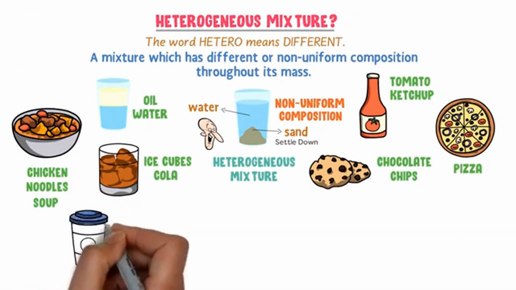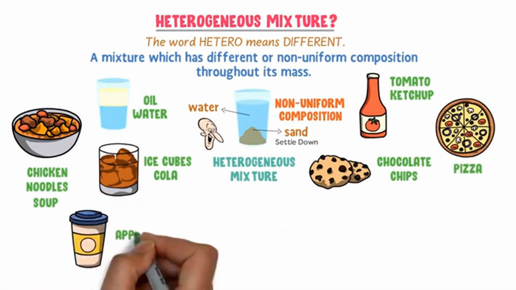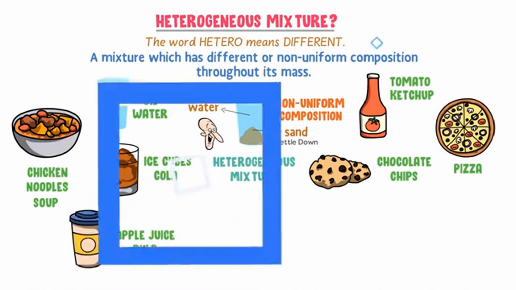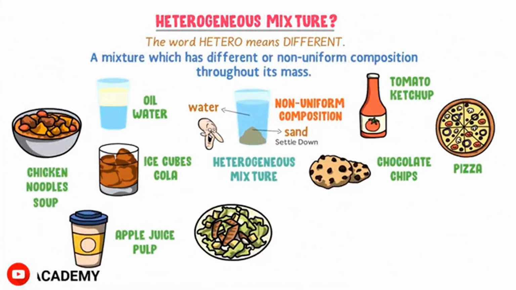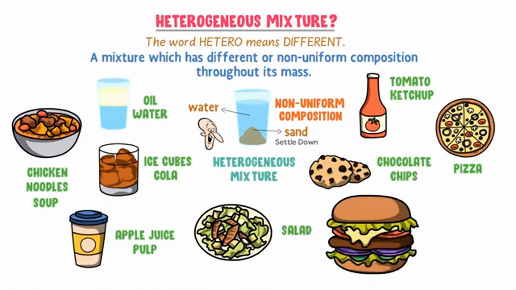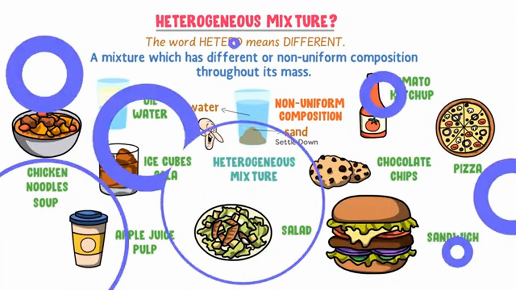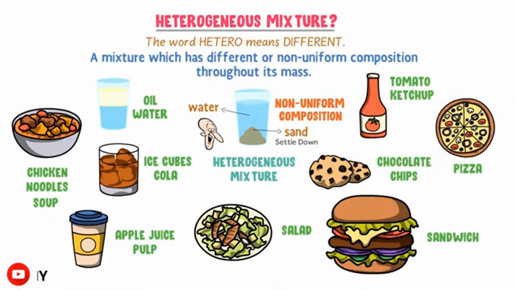If you have a pizza, that is also another example. If you have apple juice pulp, that is also a heterogeneous mixture. If you have salad, that is also a heterogeneous mixture. And if you have a sandwich, that is also an example of heterogeneous mixture. Keep watching.